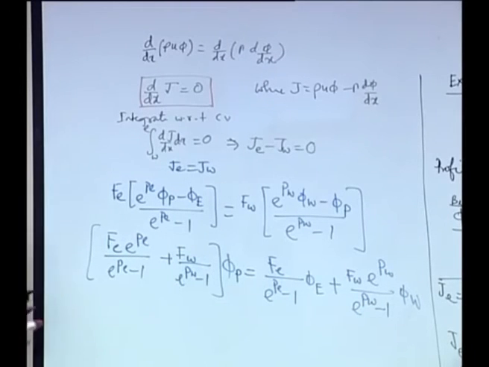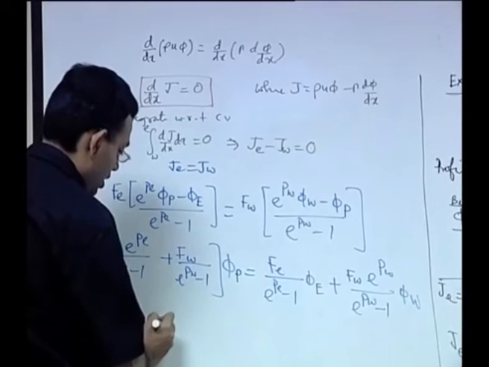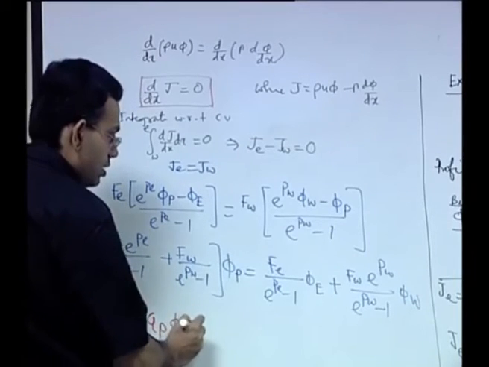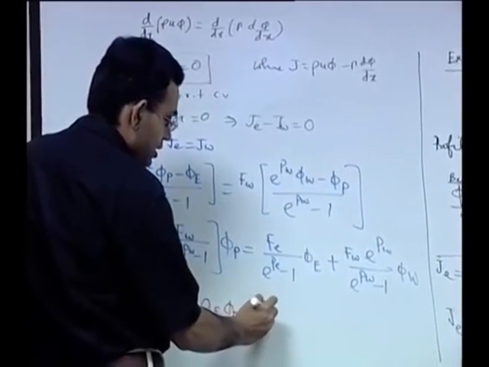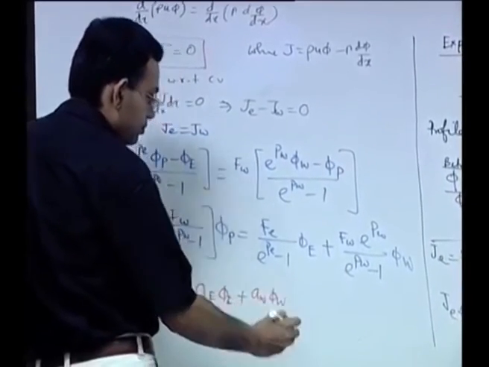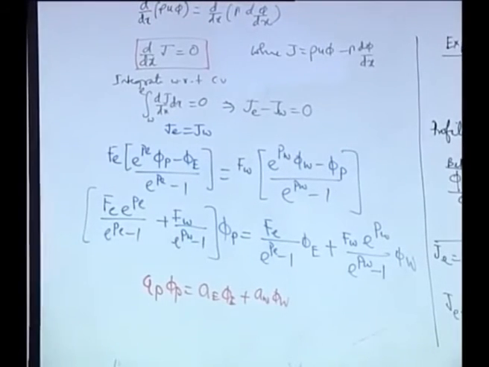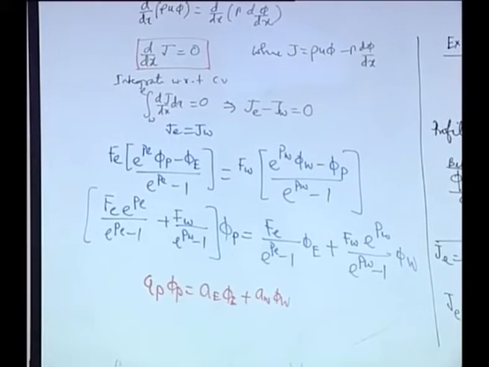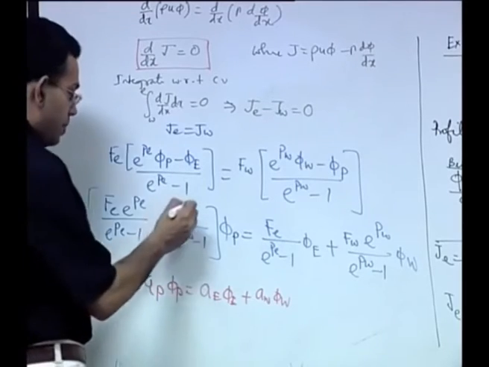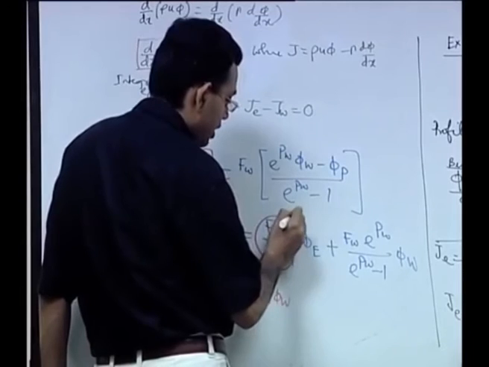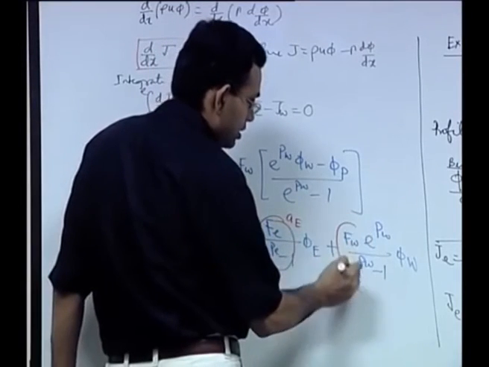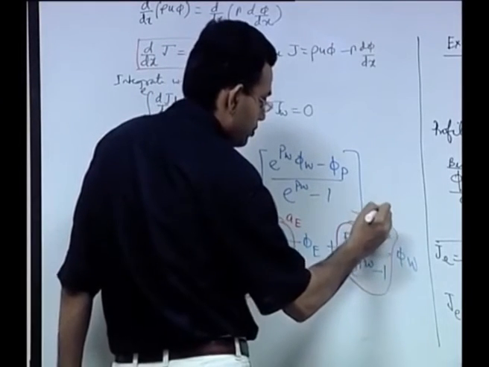This is of the form A p phi p is equal to A e phi e plus A w phi w, where this is equal to AP, this is equal to AE, this is equal to AW.